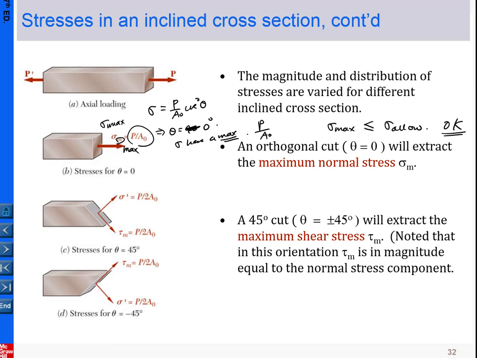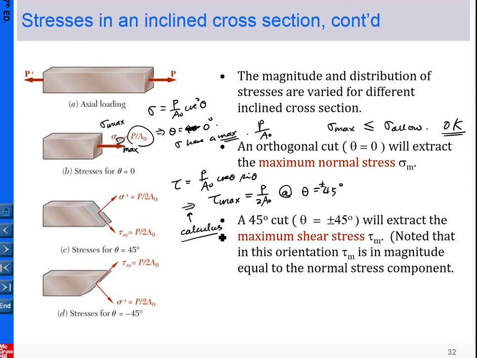In a similar fashion, our shear stress equals P divided by A naught, cosine theta and sine theta. By simple calculus, we can find tau maximum equal to P divided by 2A naught, and that happens at theta equal to 45 degrees, positive or negative. Again, this is based upon your calculus.